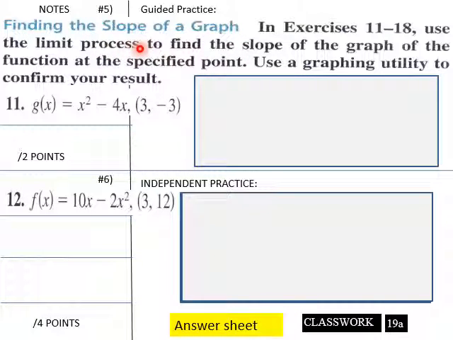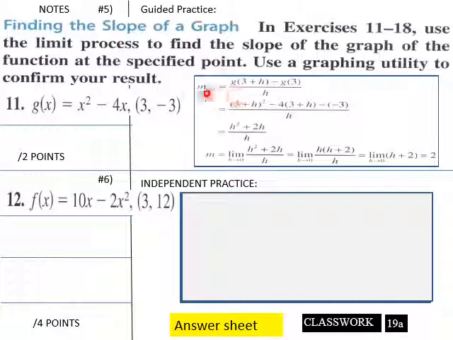So let's try one. Use the limit process to find the slope of the graph of the function at the specified point. We have 3, -3. Use a graphing calculator to confirm your result. So we have x squared minus 4x. That's one we're going to do. This one down here is yours, students. Up here, we plug our values into the difference quotient: 3 plus h for x, minus g of 3, which is 3 again.